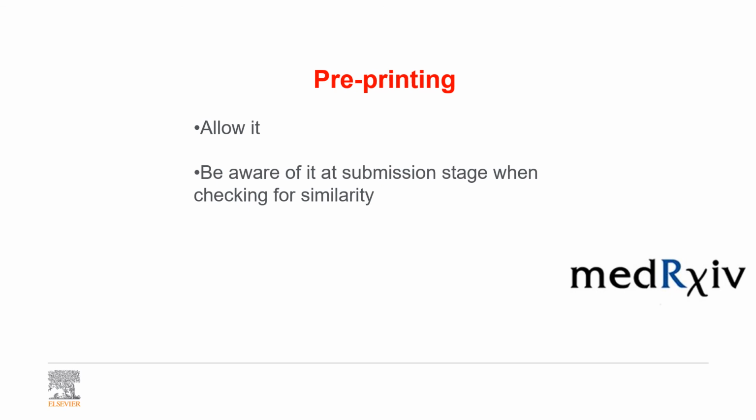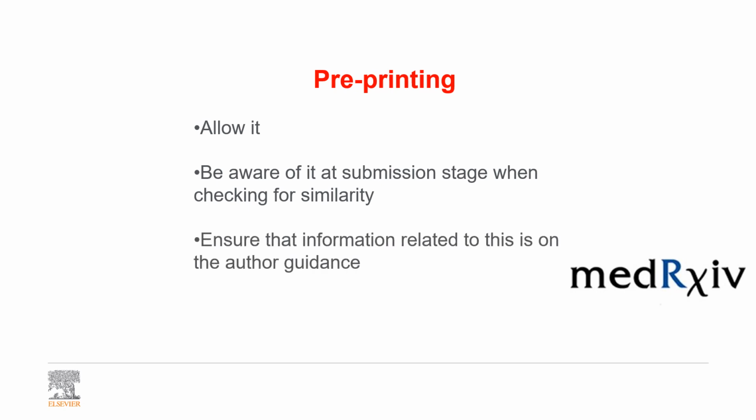But if you're using a good similarity checking tool, you would be able to see that. And ensure that you've got information related to pre-printing, which would come under your open science guidelines within your author guidance. I refer back regularly to author guidance. Everything should be in there that you could potentially want authors to consider.